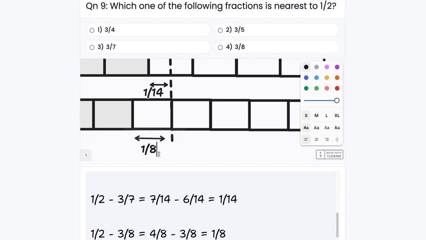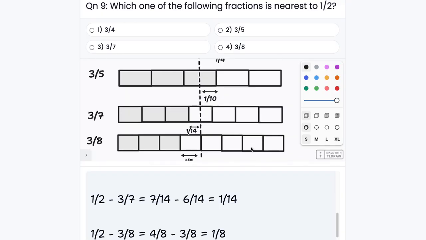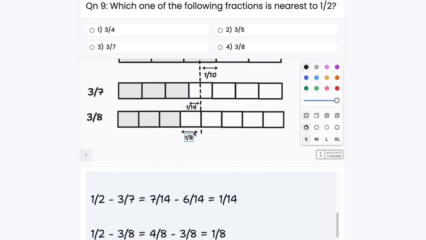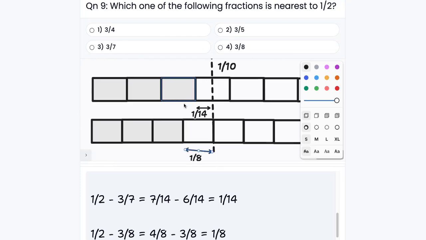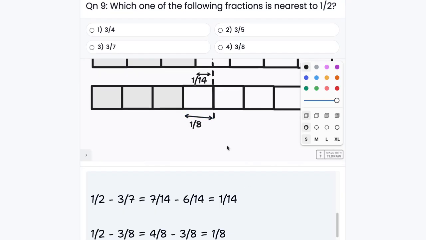From here, can you visually see which one has the smallest distance? I think it's pretty straightforward. The answer to this question should be 1/14, right? So 1/14 is the smallest distance. You see 1/4, 1/10, 1/14, 1/8.